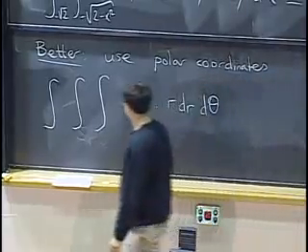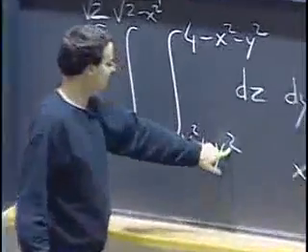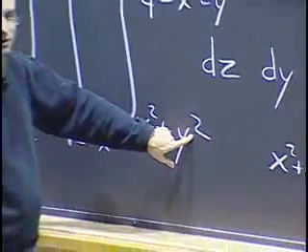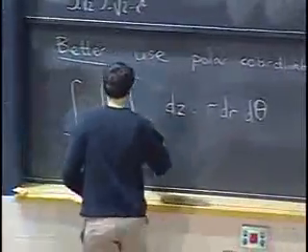And if I try to set up the bounds, well, I probably shouldn't keep this x squared plus y squared around. But x squared plus y squared is easy in terms of r and theta. That's just r squared.